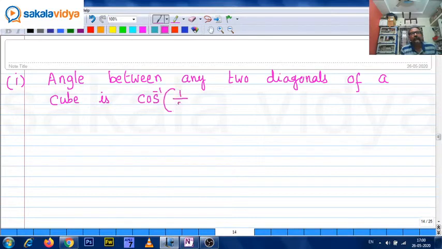This is useful for the vector chapter and this chapter. For example, the angle between the diagonal of a cube and the diagonal of a face of the cube. That is also there, you remember.